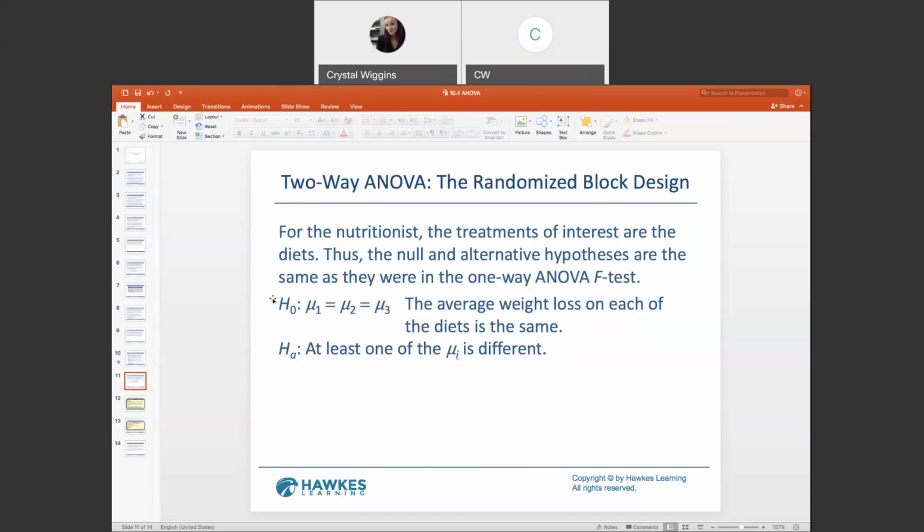The null hypothesis is going to be that all of the average weight loss are the same. Okay, and the alternative is that at least one of them is different. And if you recall from last week, I even stressed that even though we find out that one is different, we don't actually find out which one is different. We just know that one is.